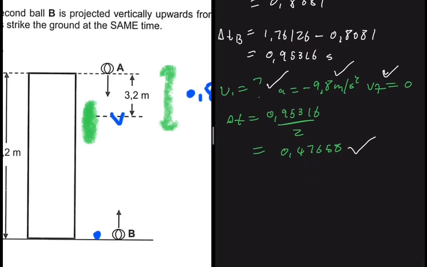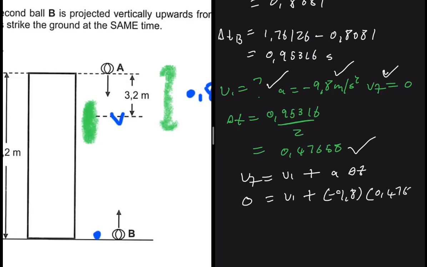So it's easy to see now that VF is equal to VI plus A delta T. VF is 0, VI is what we're interested in, plus our acceleration, which is minus 9.8, multiplied by the time, which is 0.47658. So minus VI is equal to minus 9.8 multiplied by 0.47658.